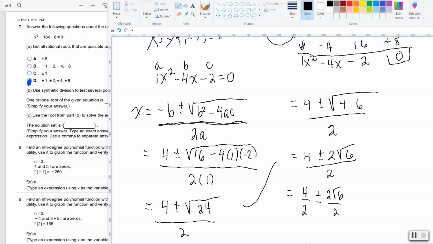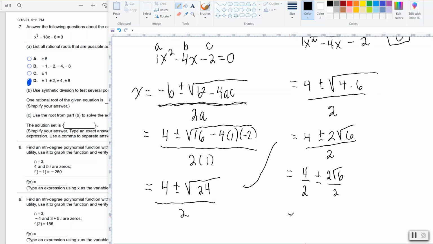And now I can reduce it to my final answer, which is going to be 2 plus or minus the square root of 6. 2 goes into 4 and leaves a 2, and this 2 can divide with this 2 to leave a 1, and that's why I have a square root of 6.